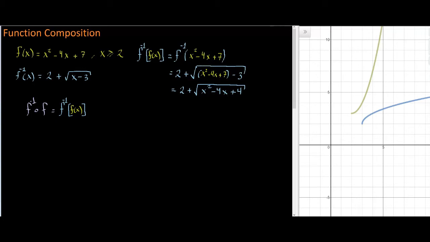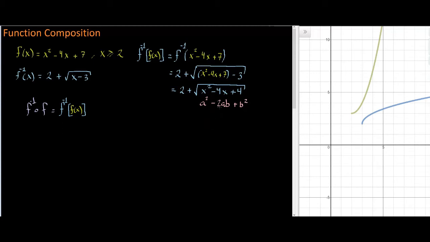And look at something here. This x squared minus 4 times x plus 4 is already a perfect square. So it falls into this condition: a squared minus 2 times a times b plus b squared.